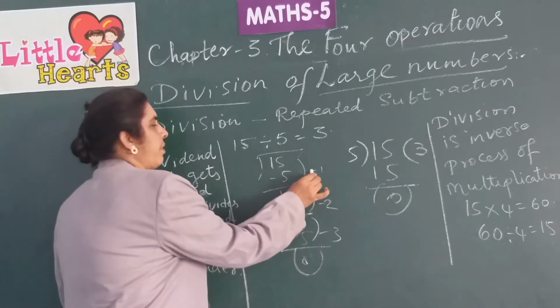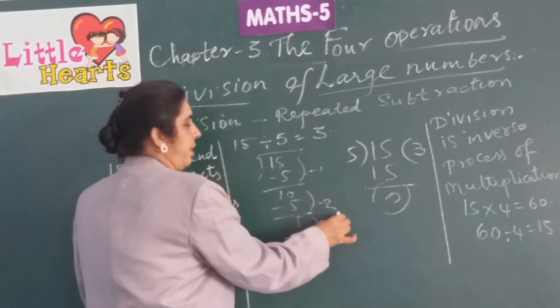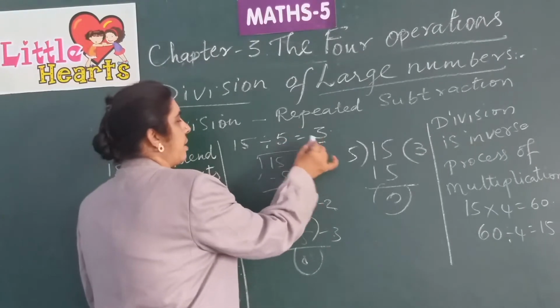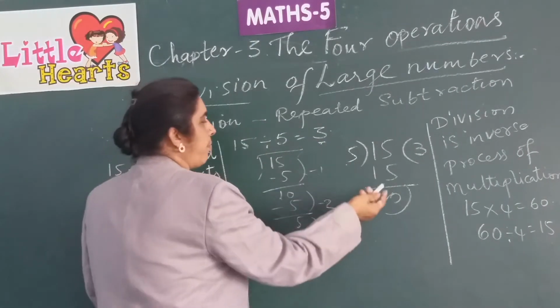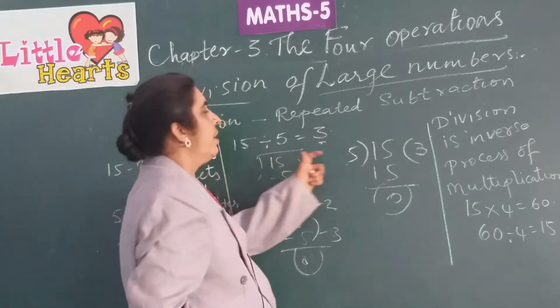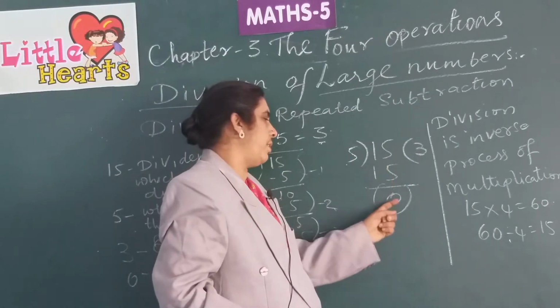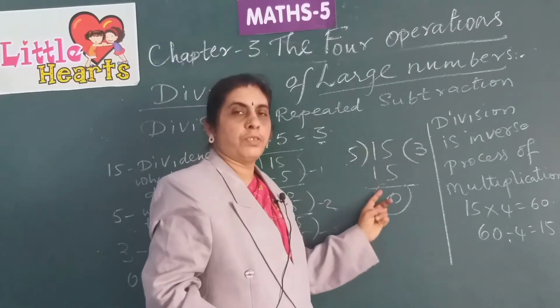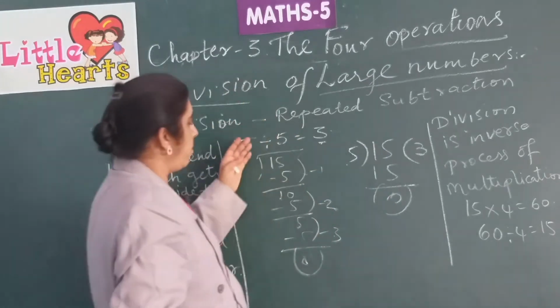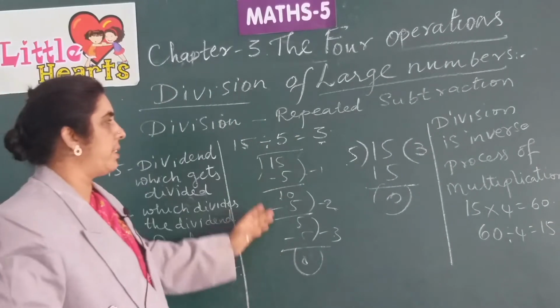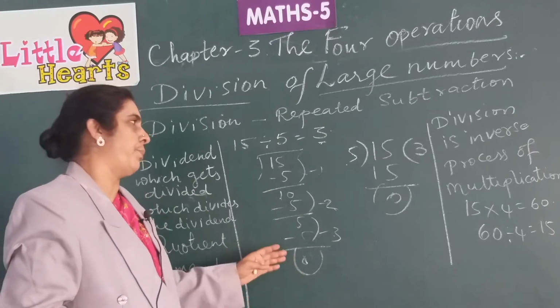How many times have we subtracted 5? 3 times. That is the answer here. As per the tables, by using the short way, 5 3s are 15, we know. This is only to show how division is repeated subtraction. This is a simple example for you.